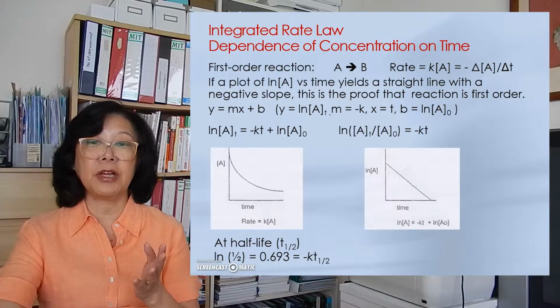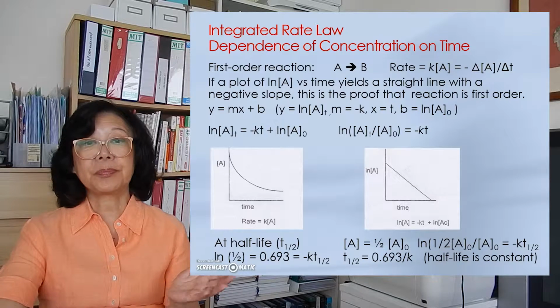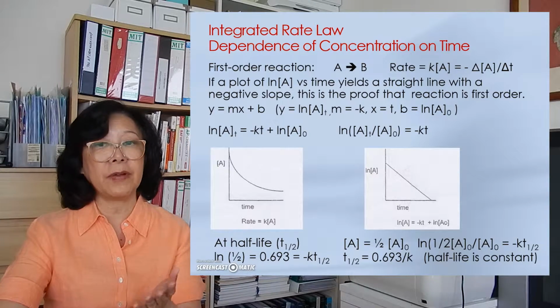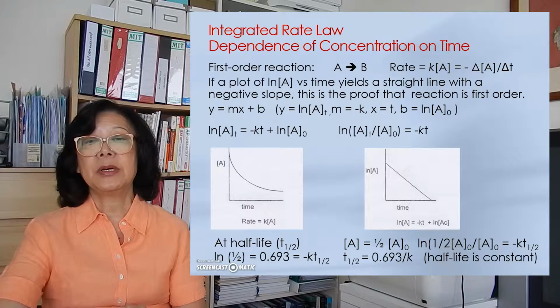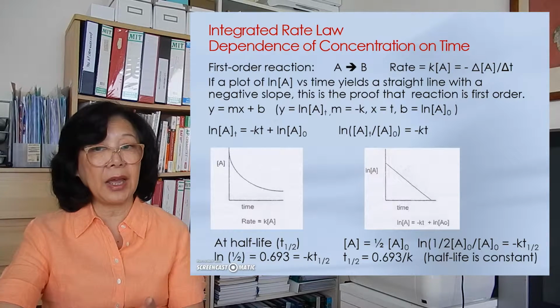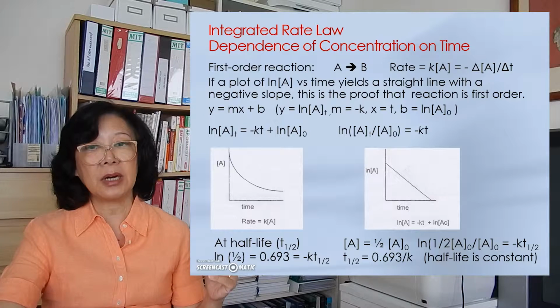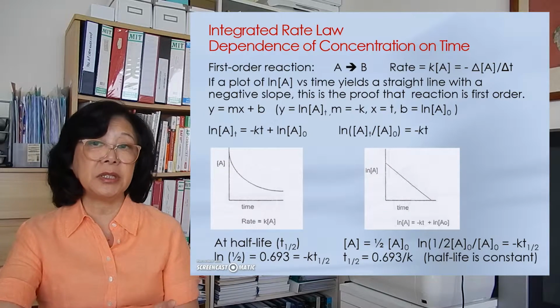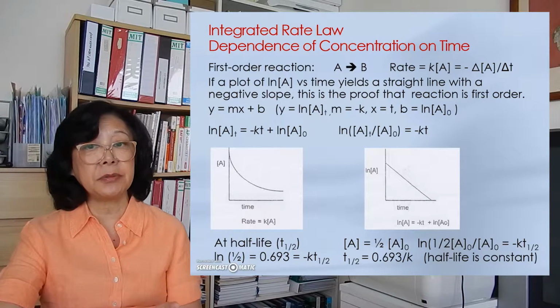Now this is a linear relationship, therefore y is equal to mx plus b. Now y is your natural log of A at a certain time, m is the slope, negative k, x is the axis, time t, and b is the intercept, natural log of A at time 0.